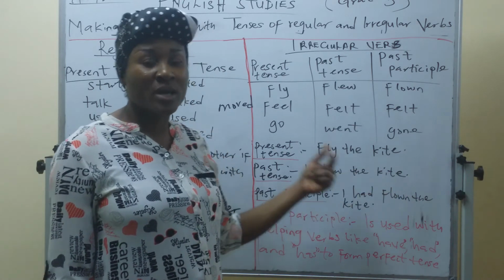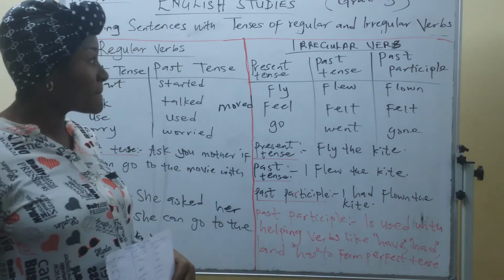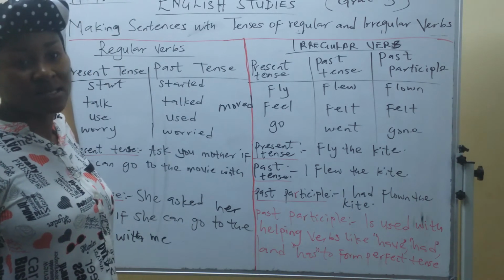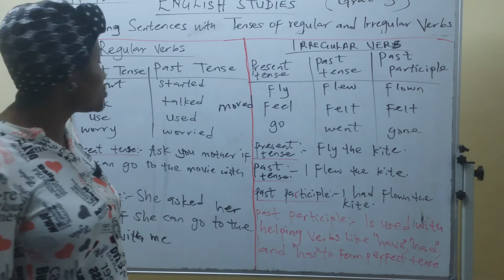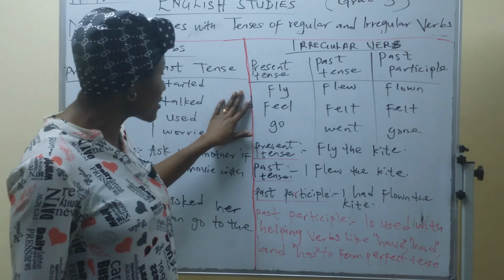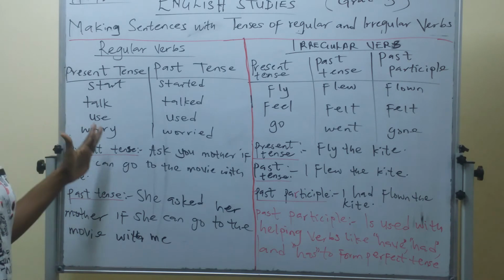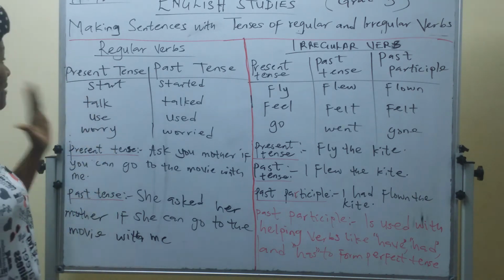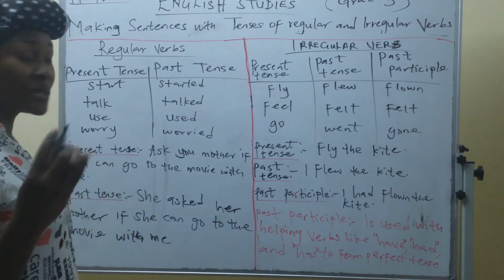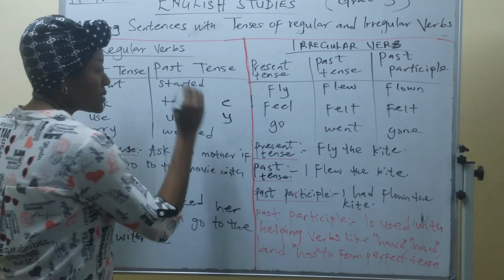So these are ways we can use the present tense or the past tense of irregular verbs and regular verbs to make sentences. Before we progress to making more sentences with regular and irregular verbs, I would like you to find out 5 regular verbs and their past tense, with words that have different endings, like your e, like your y.